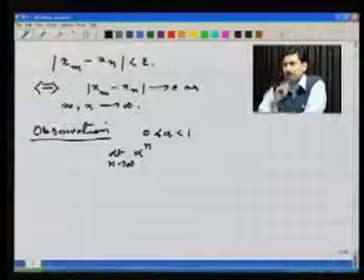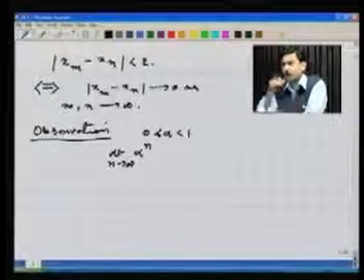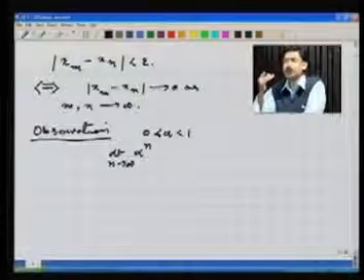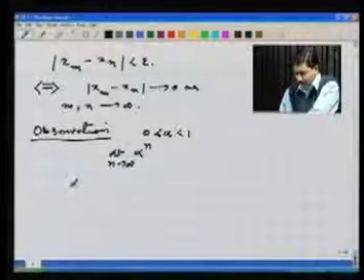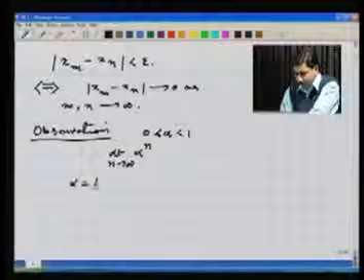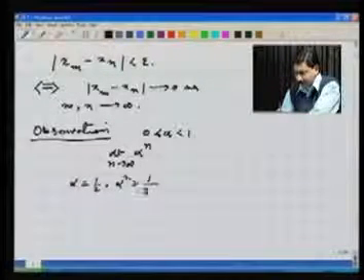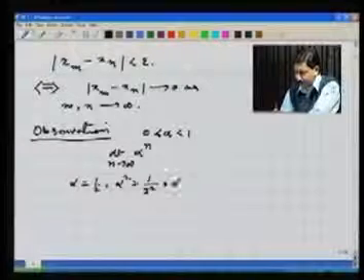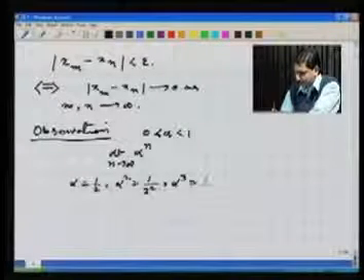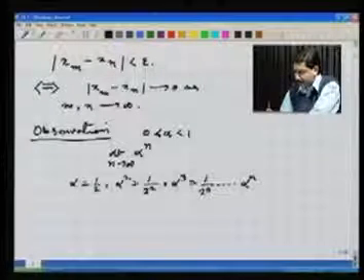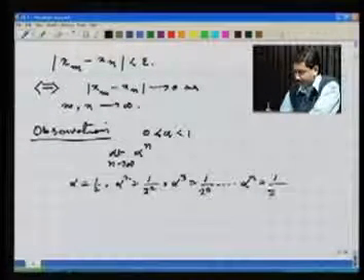Well, alpha is less than 1. Let's take alpha to be equal to half. Then alpha square is 1 by 2 square, alpha cube is 1 by 2 cube, and alpha to the power n is 1 by 2 to the power n.